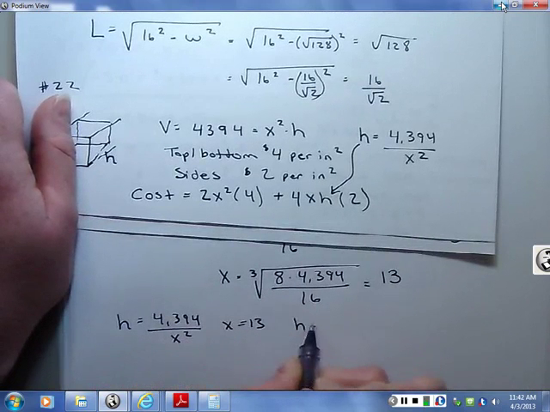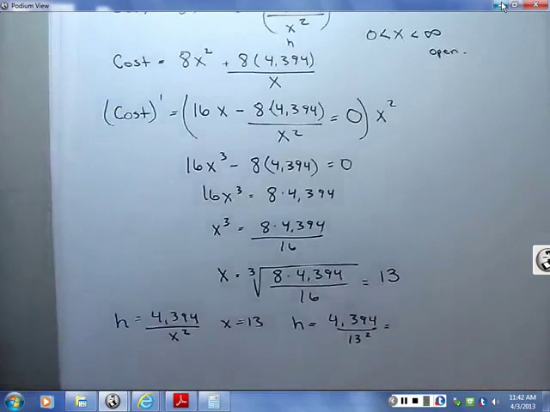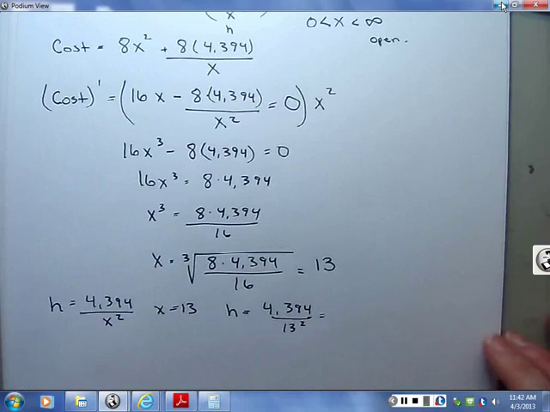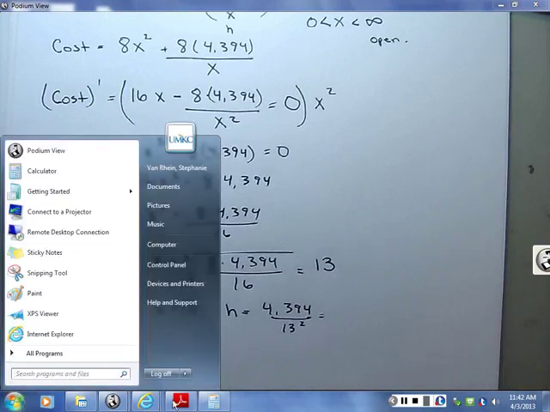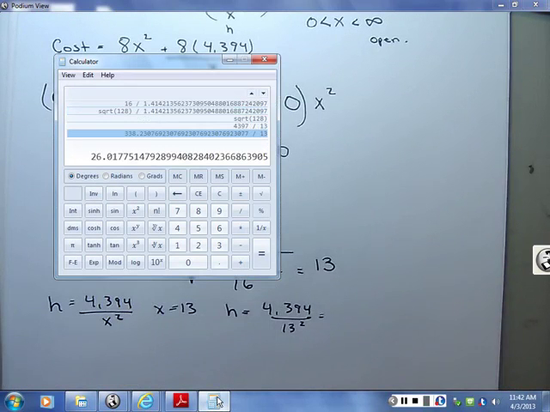So h would be 4,394 over 13 squared, which is what? 4,394 divided by 13 squared, 26.